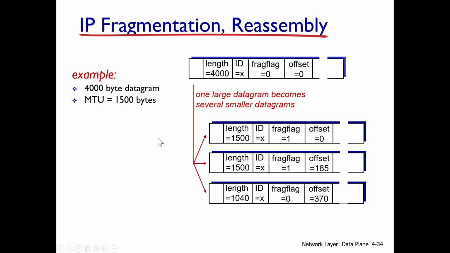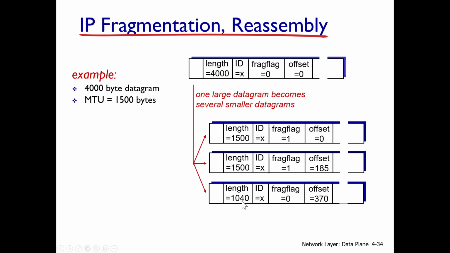Because now this is your datagram size, right? But whenever you divide the packet into 3 packets, each of them will hold 20 bytes of IP header. So with a 1,500 length, this one only carries 1,480 bytes of the datagram. This one also carries the same amount, 1,480.